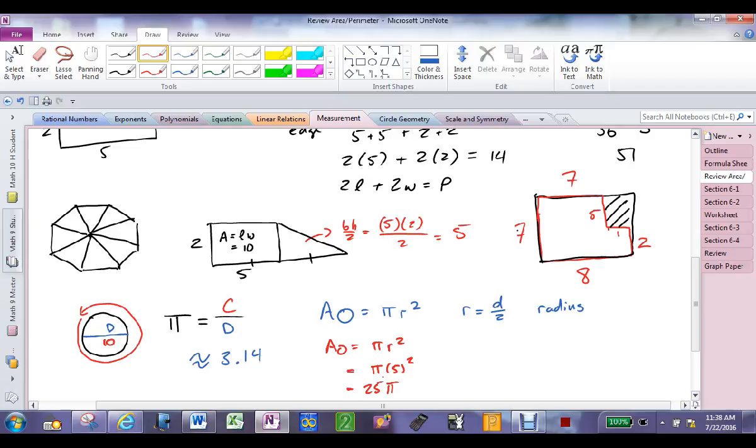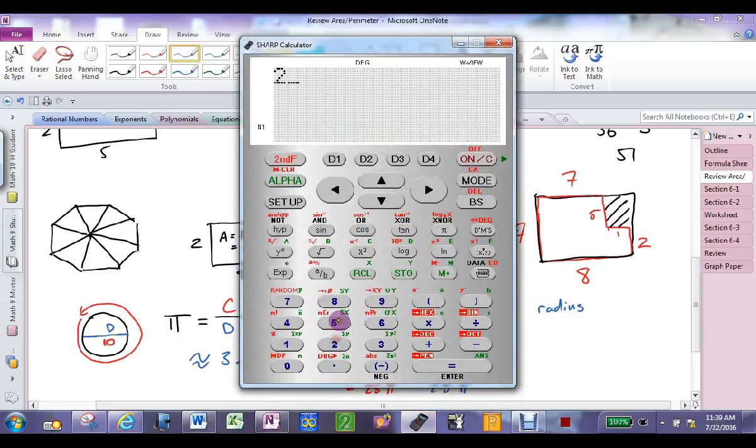But in grade 9, we're going to want a number for it. So to find that number, at the end of the question, you will go to your calculator and find what 25 pi is. You will go 25 pi, and most of you will have to hit equals.